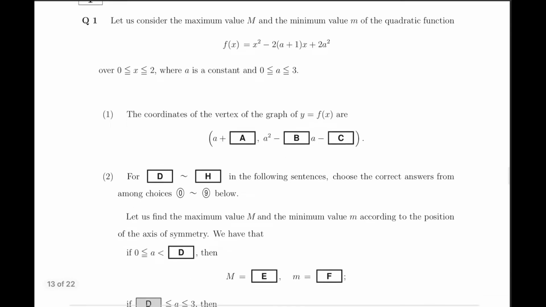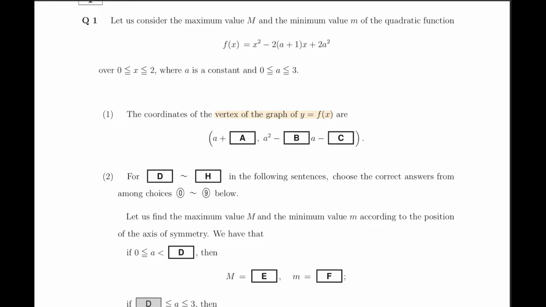First of all, they say the coordinate of the vertex of the graph of y equals f of x are blah blah blah. So we want to find the vertex of the graph y equals f of x.